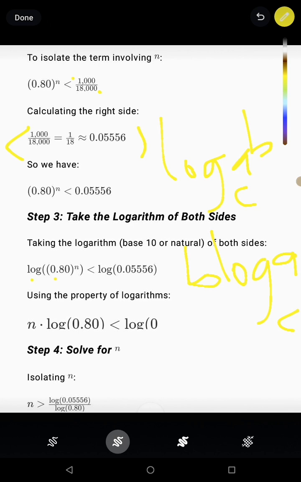So this one is n times log 0.8, base 10, and log 0.05556. The next thing you want to do is divide both sides by log 0.8.